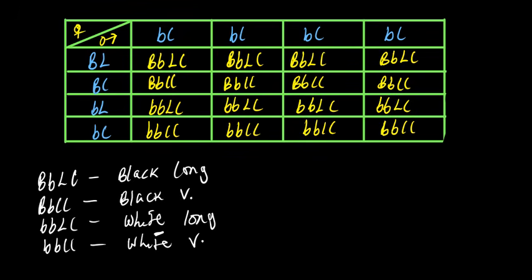Now come up with the ratios. Out of 16, how many of those have got this kind of genotype? So you go back and start counting. So we have 1, 2, 3, 4. We only have 4. We don't have any other which has got at least dominant B and dominant L. They are only 4.